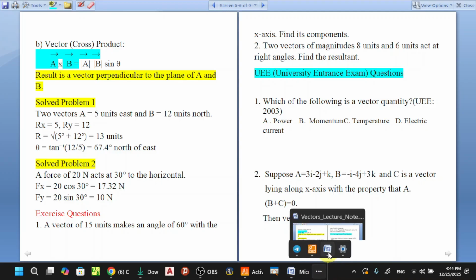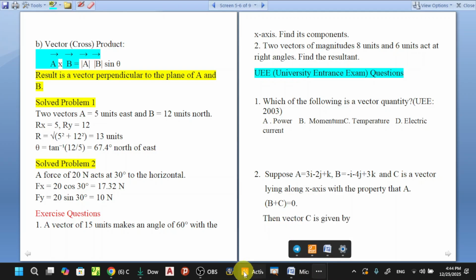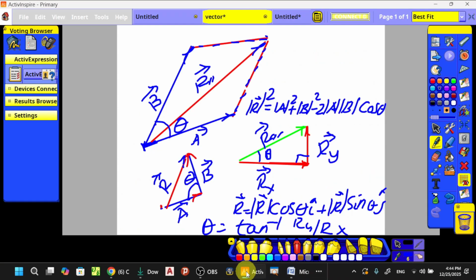You can go ahead and stop the video and try to solve the problem before seeing the worked-out part of this problem. But we can solve it together.